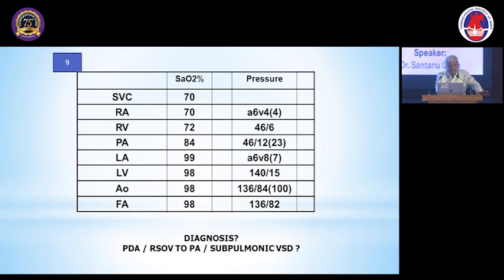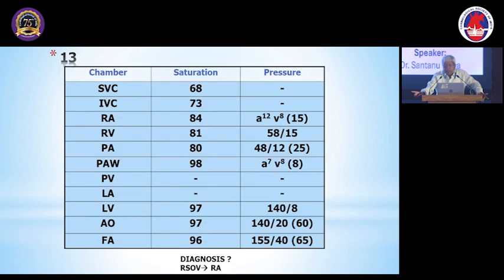There is a left to right shunt. What else? Why is it so? There is some amount of pulmonary hypertension, agreed. But right atrial elevation most commonly is because of an ASD. Is it an ASD? No. Why no?